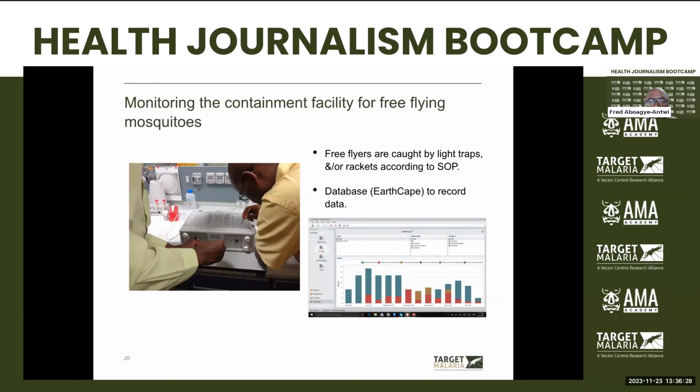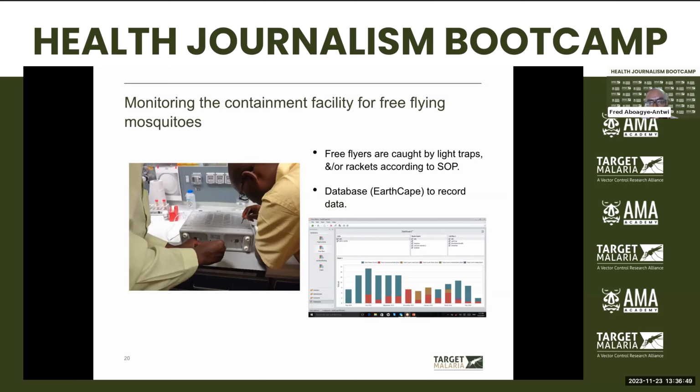We also have a double door system within all these facilities, such that when one door is opened, the other is closed, such that only one door can be opened at a time. And these are all measures put in place to ensure containment.